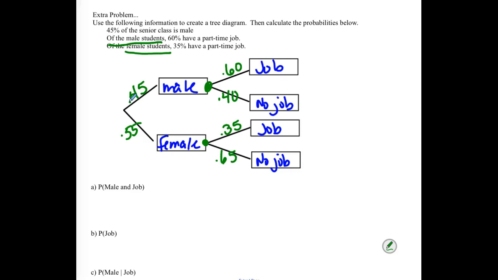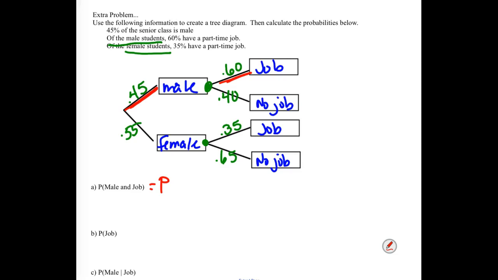All right. The first question says, what is the probability they are male and have a job? To get to being male and having a job, we have to go out this branch and this branch, correct? Okay. I'm going to keep writing it as that formula, so that we can refresh our memory with that.